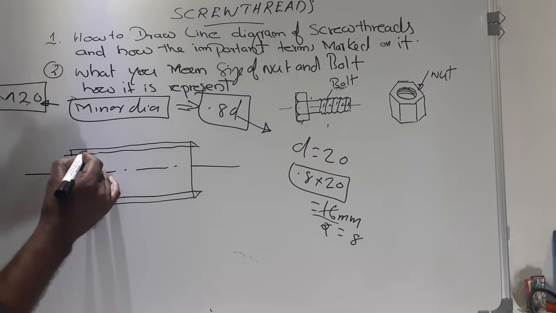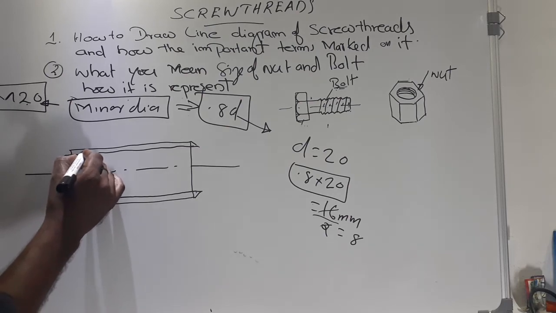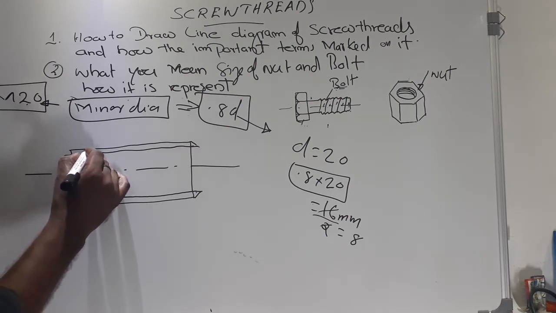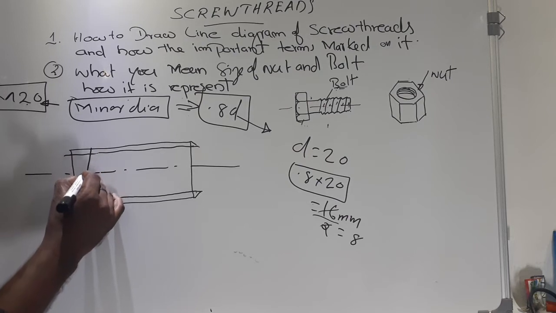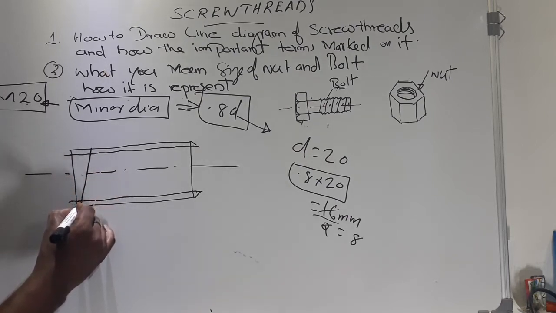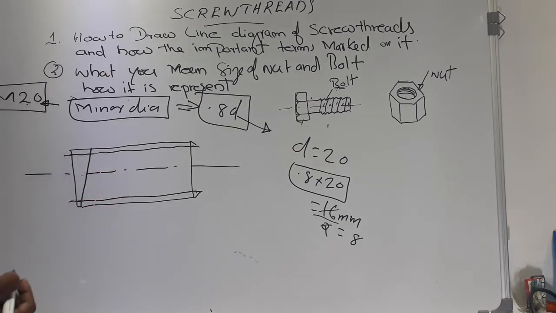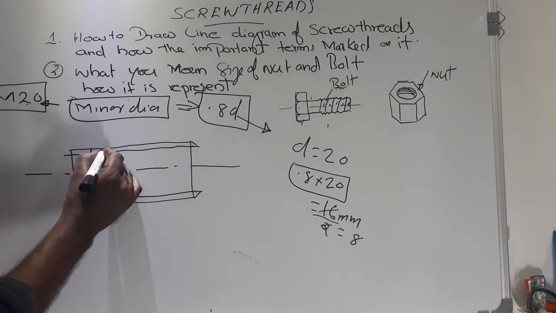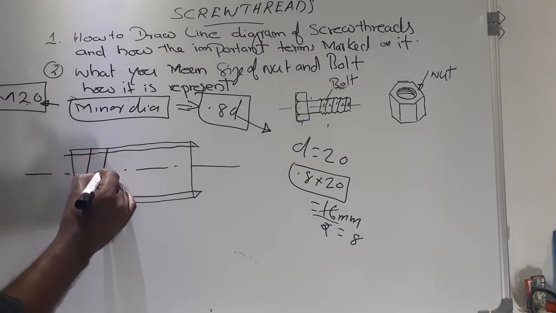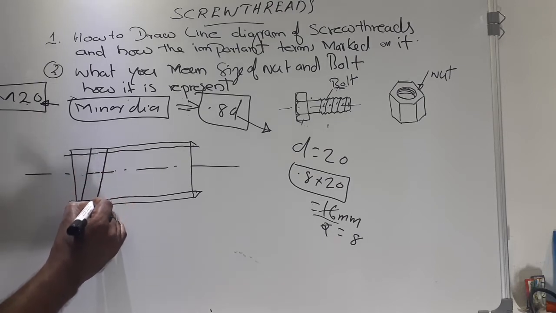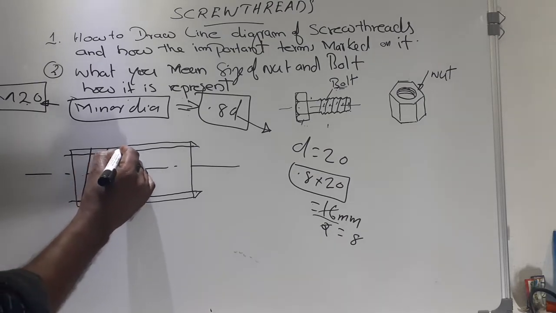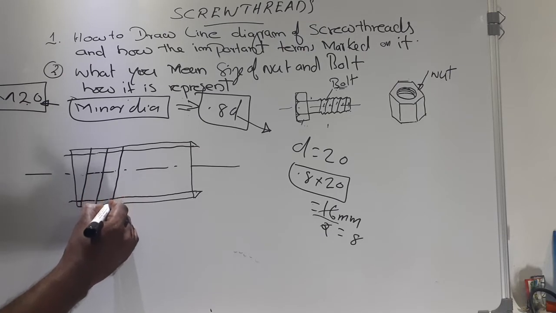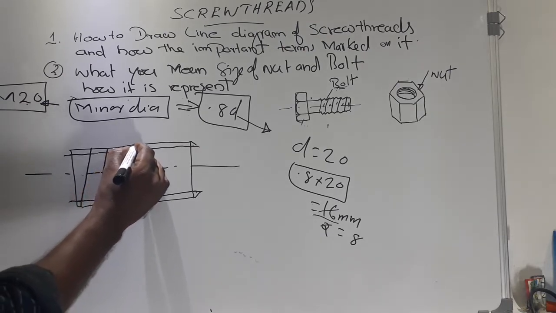Now draw an inclined line connecting both external diameter. Similarly, we can draw an inclined line touching the external diameter. All the distances are the same.